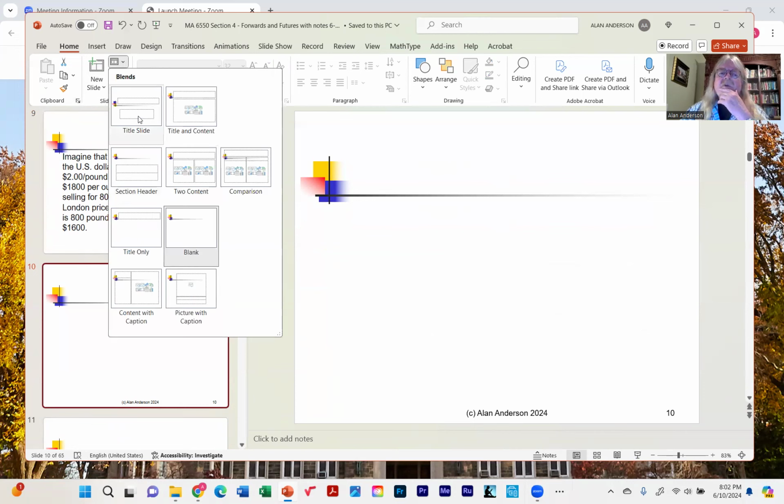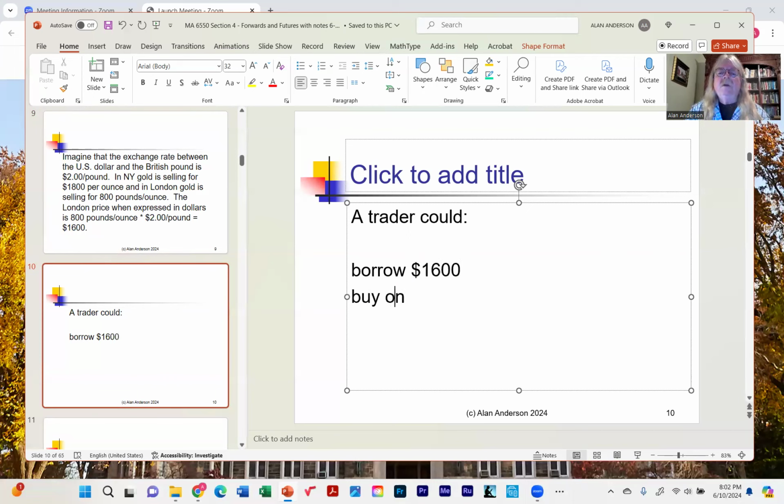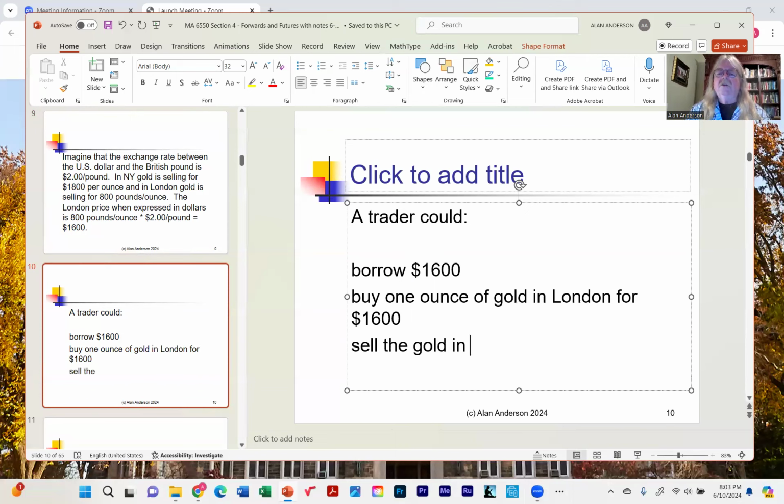An individual might not be able to pull this off, but if you're working as a trader for one of the major investment banks, a trader could borrow or use the bank's money, $1,600, buy 1 ounce of gold in London for $1,600, sell the gold in New York for $1,800, repay the loan.